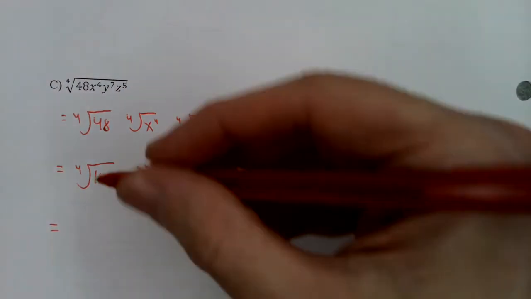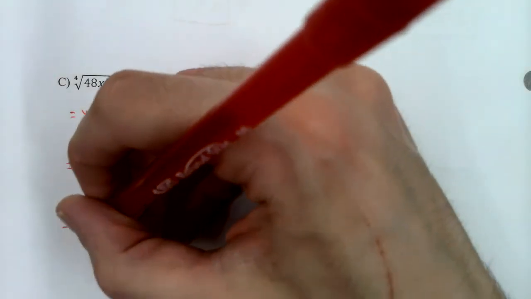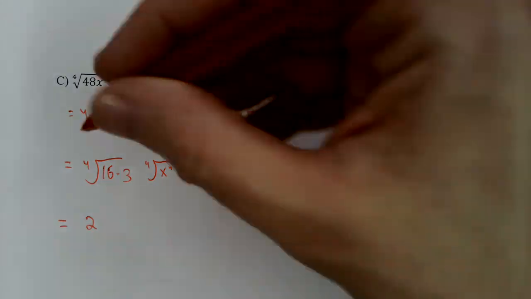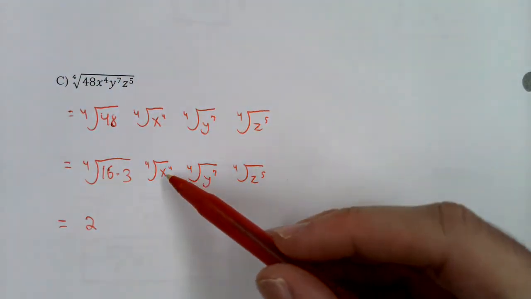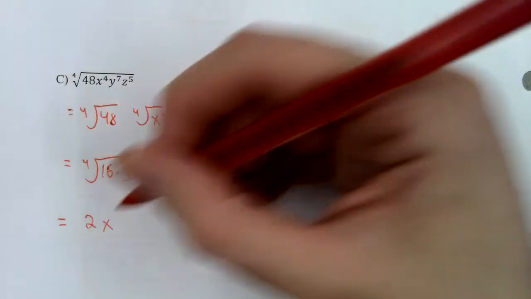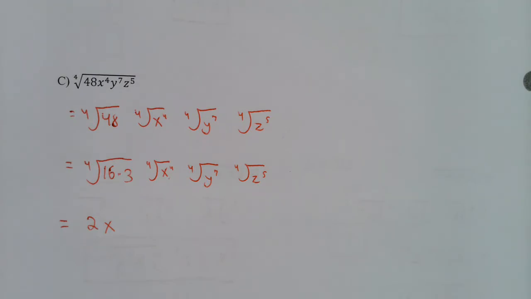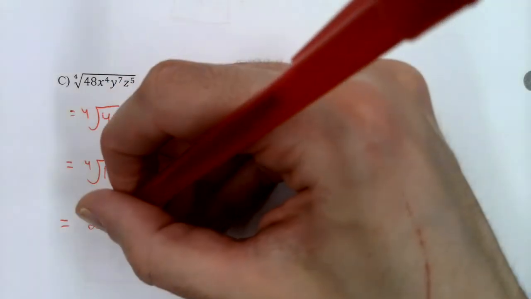Now the 4th root of 16 is 2, because 2 times 2 times 2 times 2 is 16. 3 is going to stay under the radicand. How many groups of 4 can you make if you have 4 x's? 1 group. How many groups of 4 can you make if you have 7 y's? 1 group.